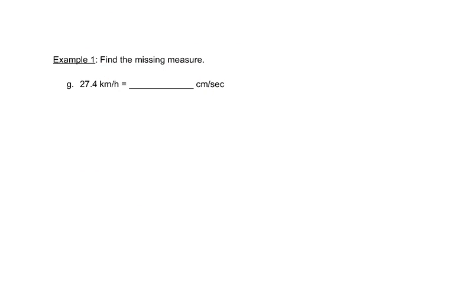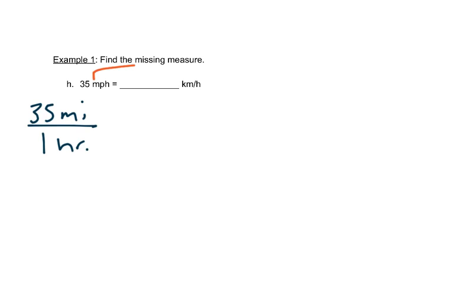We'll skip G. It works the same way. And we'll go to H because I want to point something out here. So again, we'll start with setting up. We have 35 miles over 1 hour. And we're trying to get from miles to kilometers. So we can look on our page and we see that 1 mile is equal to 1.6093 kilometers.